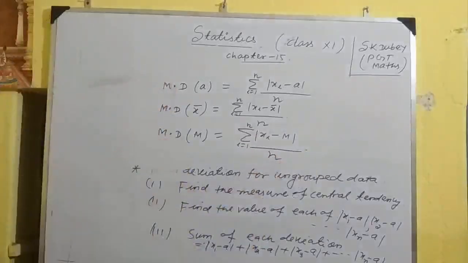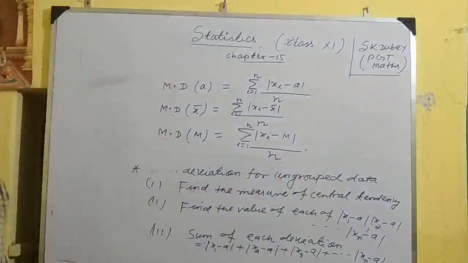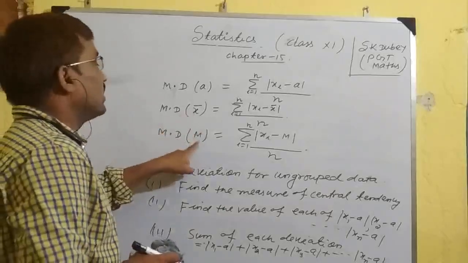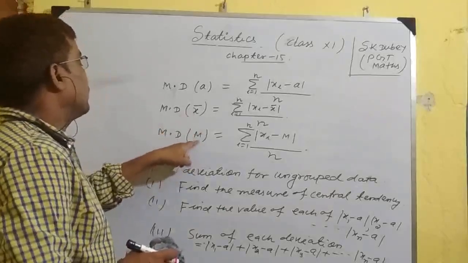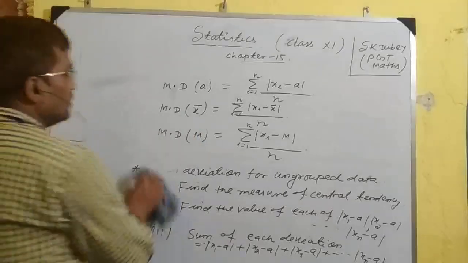So this is the formula for calculating the mean deviation about mean, and this is the formula for calculating the mean deviation about median.